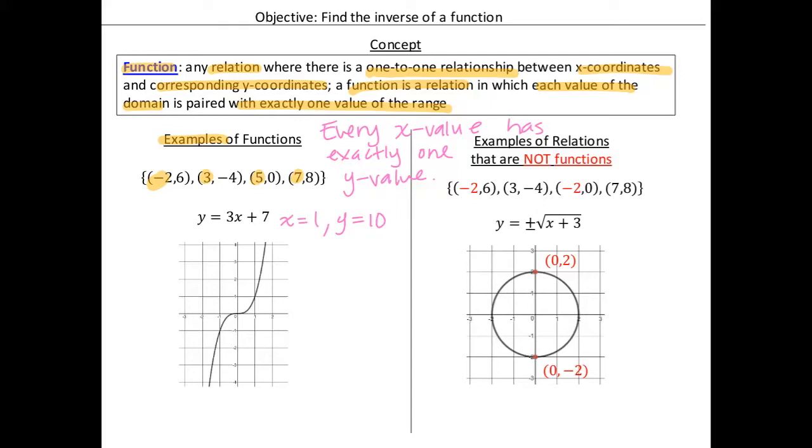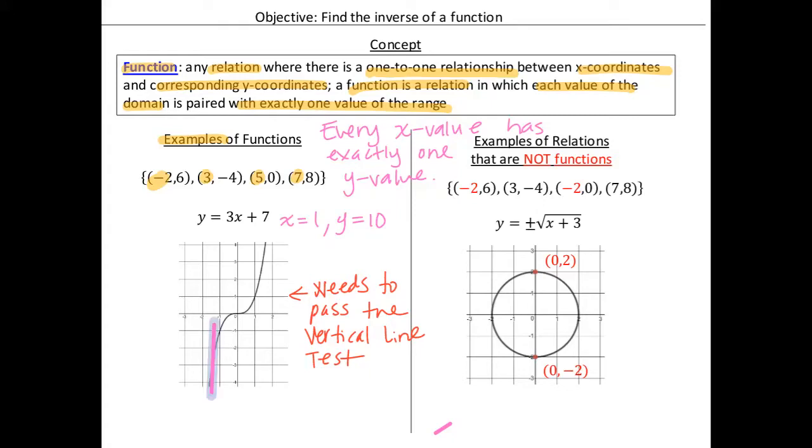And then in a graph, it needs to pass the vertical line test. Meaning if I were to get a vertical line and pass it through this graph multiple times, just going through vertically.